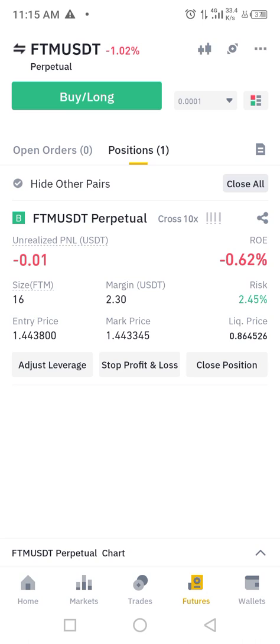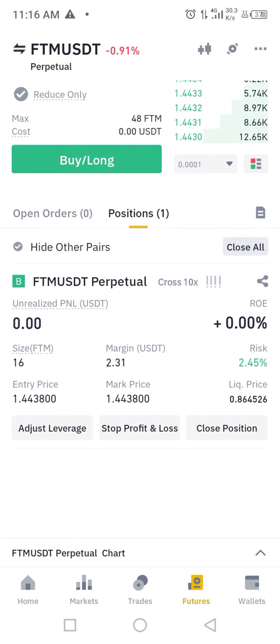Any PNL you see while your position is still open is unrealized, until you close your position and the last calculated PNL becomes realized PNL. Do you understand? So that's it.